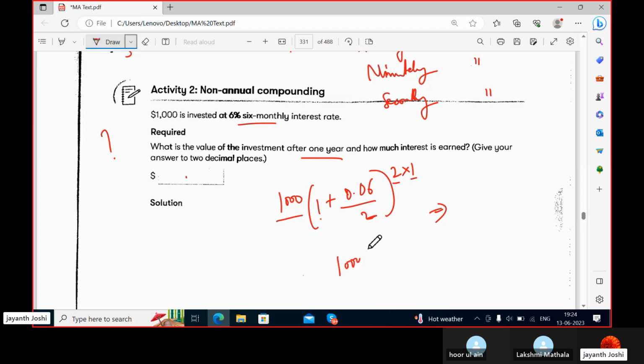So 1,000 into 1 plus 0.03 whole power 2. 1.03 into 1.03 into 1,000 is 1060.9. So 1060.9 minus 1,000 will give us the interest. We have earned 60.9.